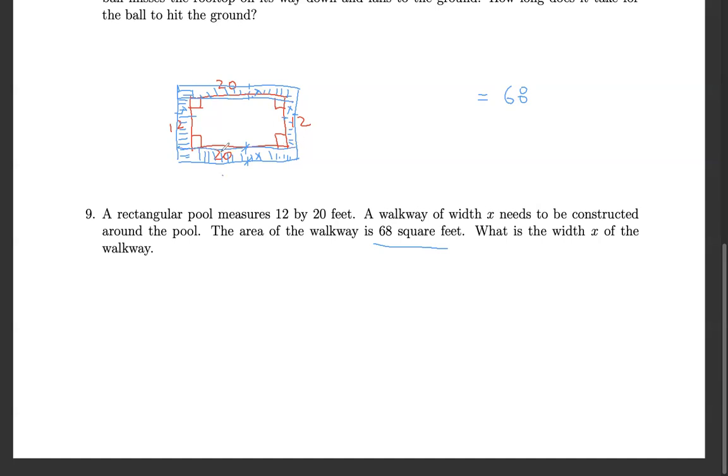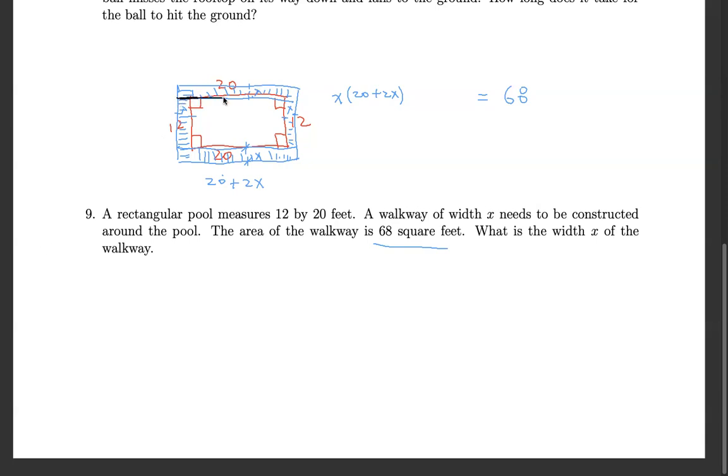Because the length, the red color, is 20, plus this x plus this x, the outside should be 20 plus 2x, right? 20 plus 2x is the length, and the width is x. So that's the area of the top and the bottom. Let me use a different color.